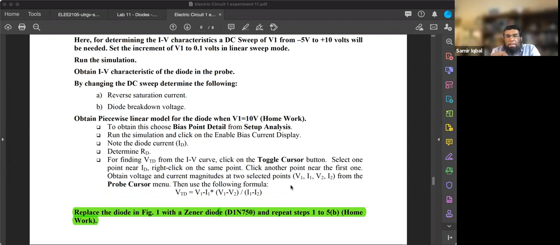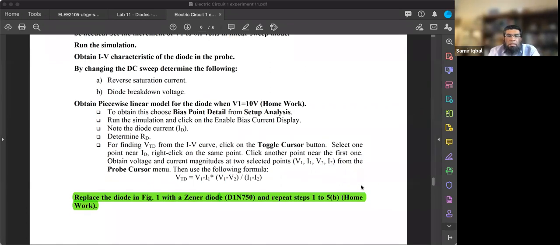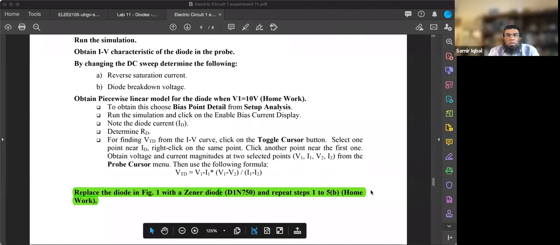You'll get the VTD as was shown in the graph before. So you will get it by doing the toggle cursor button. You pick one button near ID and you right click on the same point. The whole process is given, how you would get those values. And you'll use this formula to calculate the threshold voltage of the diode, VTD.